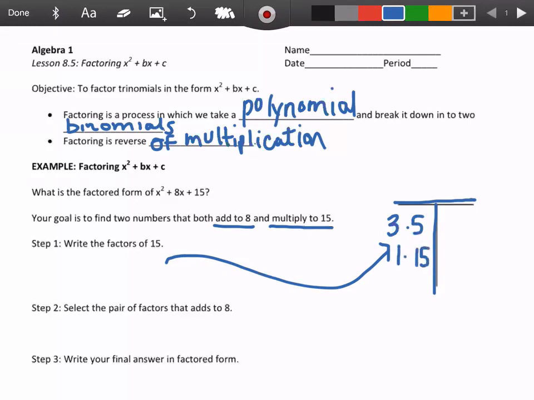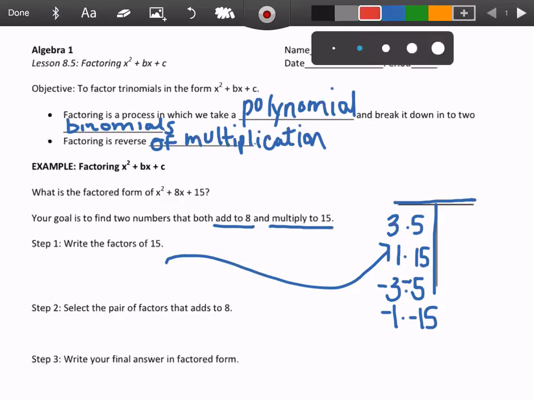And then we may think we're done, but actually we have to remember our negative integers, where we take negative 3 times negative 5, and we get 15 as well. In the same token, we can take a negative 1 times a negative 15 and get positive 15. We want factors over here.